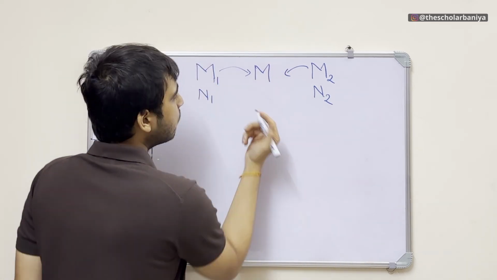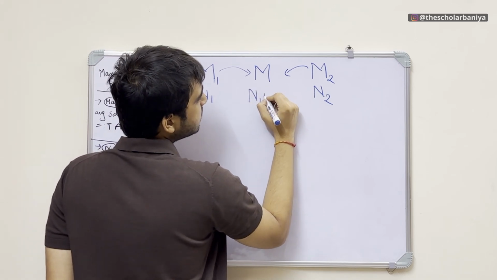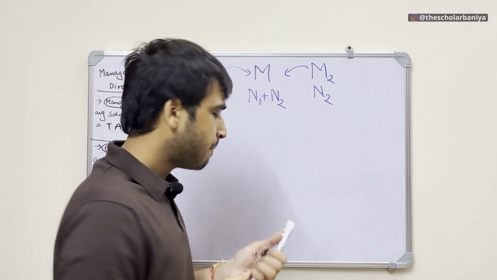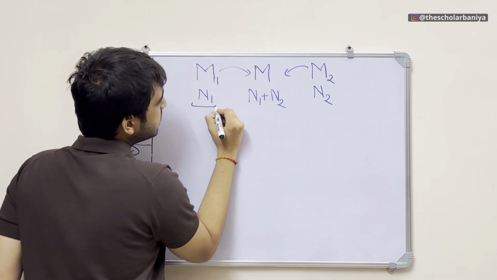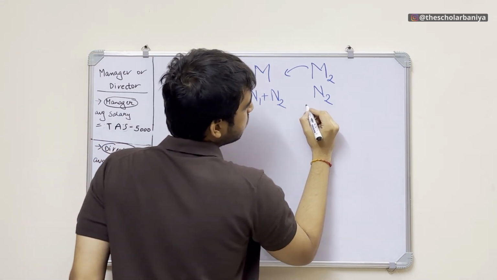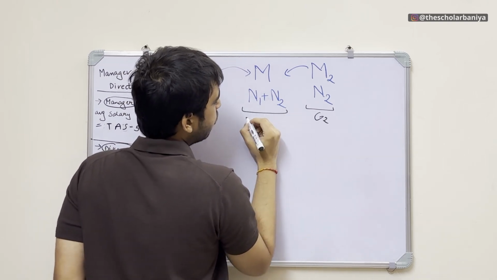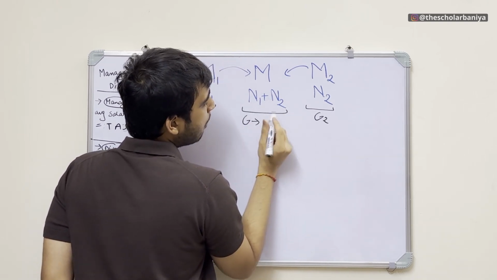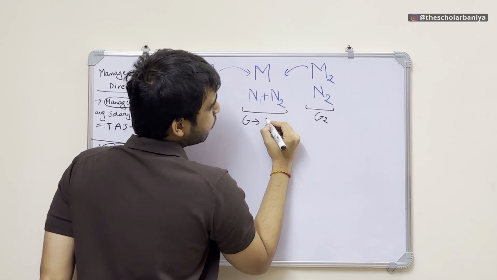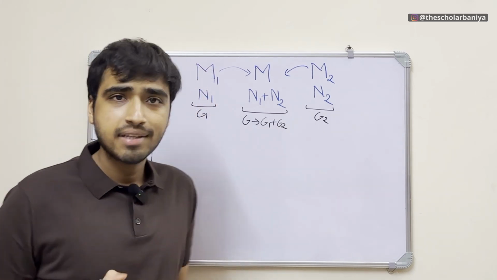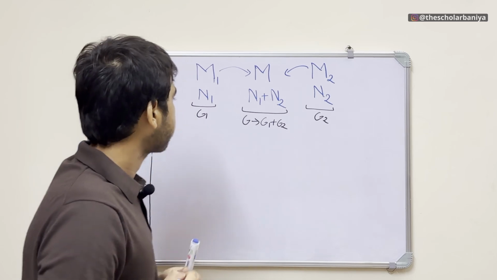And obviously there will be n1 plus n2 objects in this. I don't think there should be any problem in this, right? So this is group 1, this is group 2, and this is a new group which has been formed by merging group 1 and group 2. I hope this is clear till now, right?